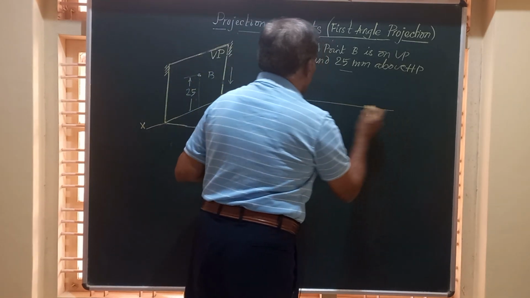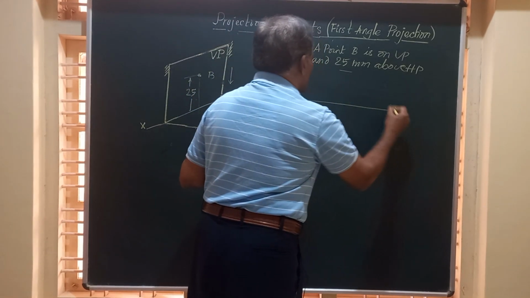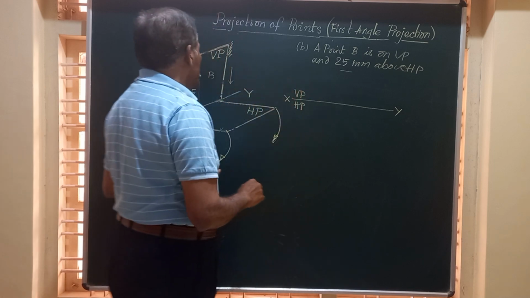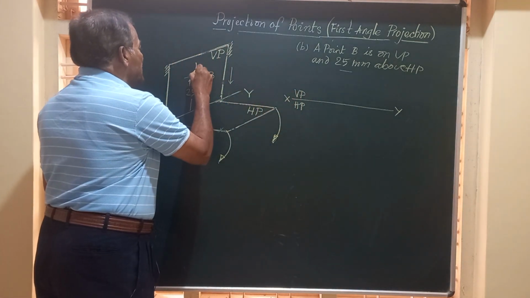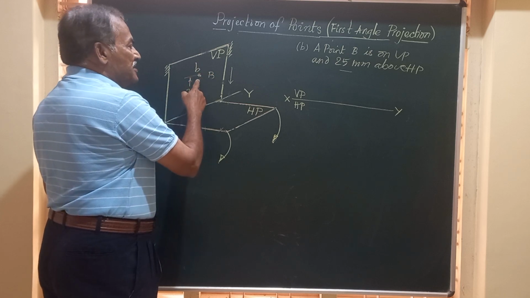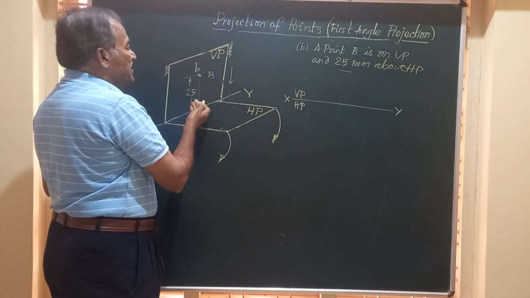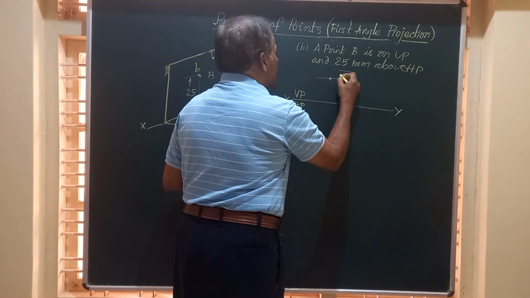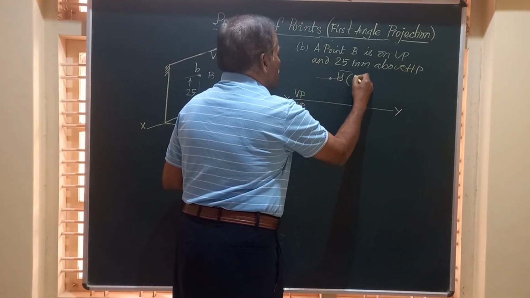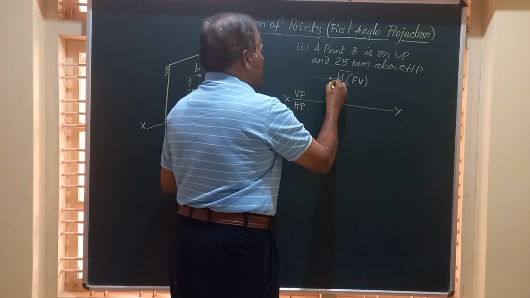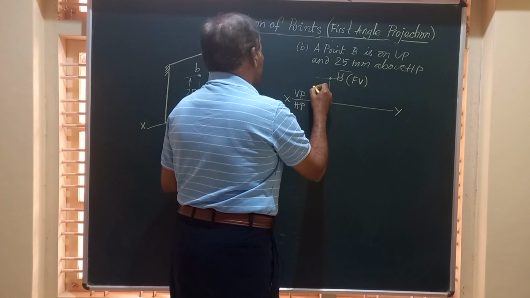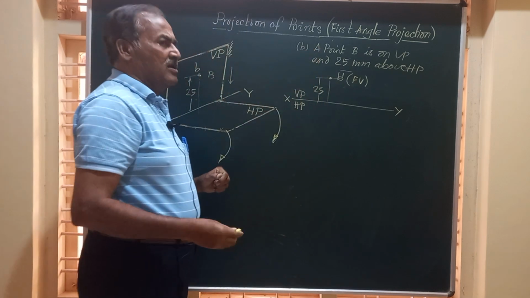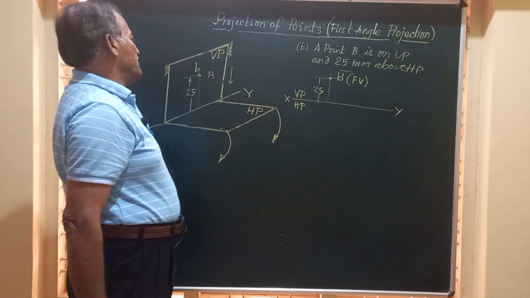Hence, I am going to mark the XY line as usual. Mark VP by HP indicating first angle projection, and mark the front view of the point B at a distance of 25 mm above XY. So I will mark here B dash, which is called the front view of the point B, at a distance of 25 mm above the XY or above HP or from HP.